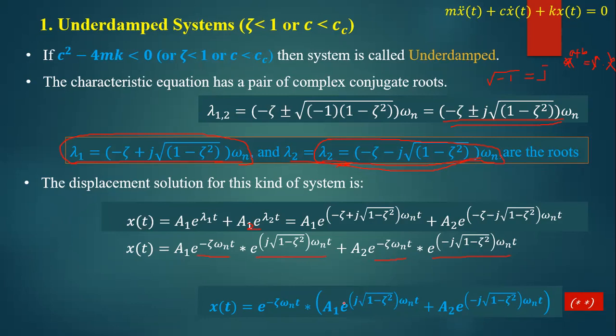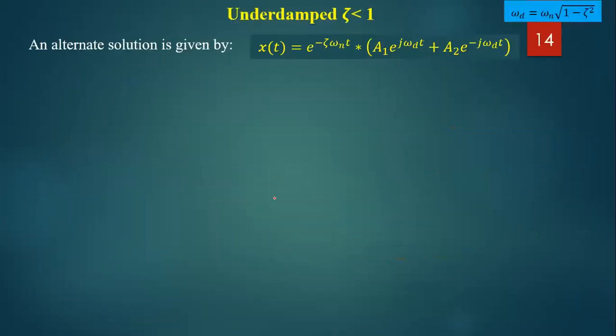This is minus j, this one is plus j. This is the equation. I have double-struck this equation because we will see it again later.